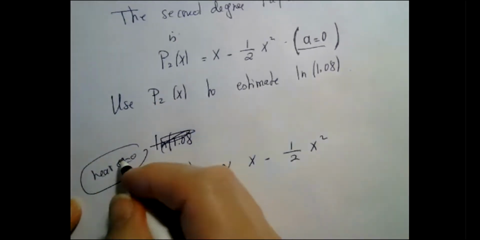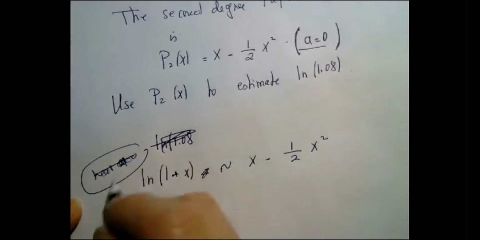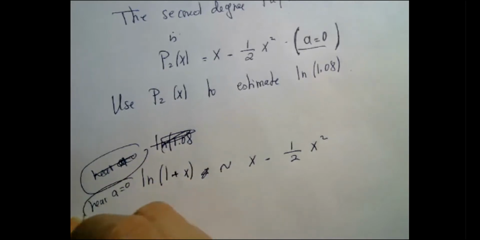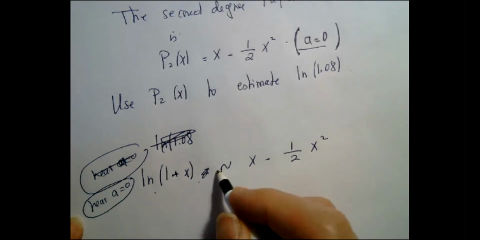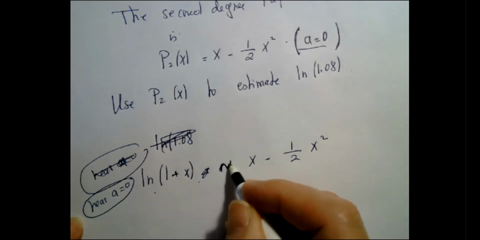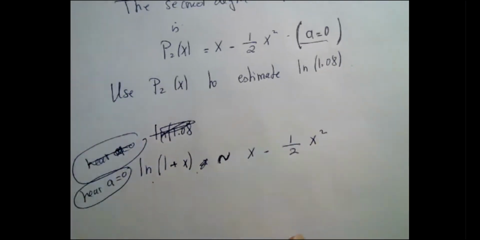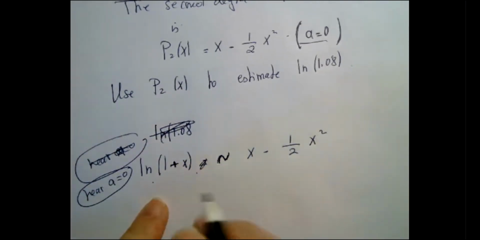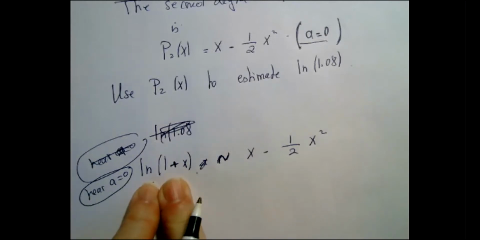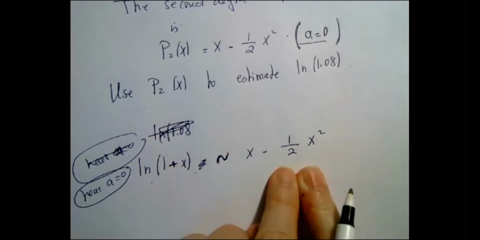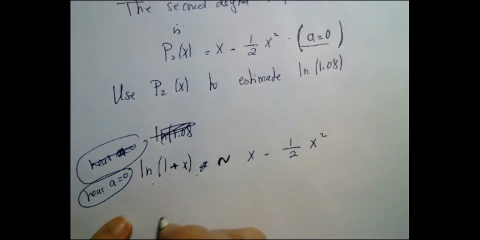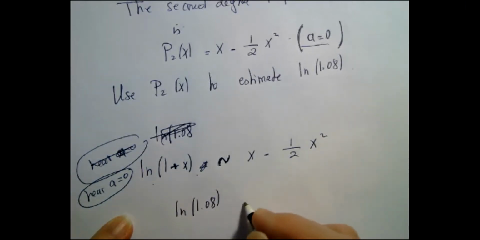So near a equal to 0, ln of 1 plus x is approximated by this quadratic. Very, very important idea. I mean, how messy is working with the ln? How easy it is to work with this polynomial. Now I'm going to use this to estimate ln at 1.08.